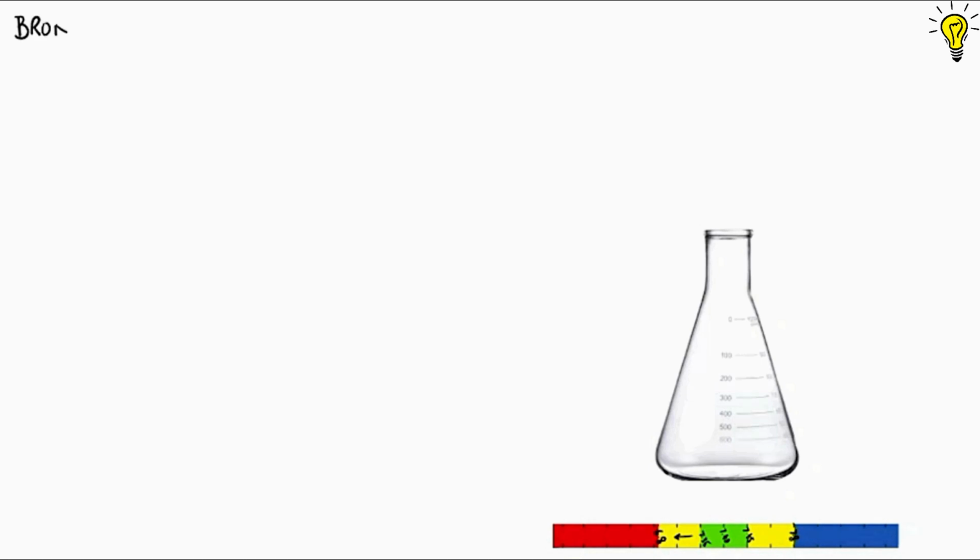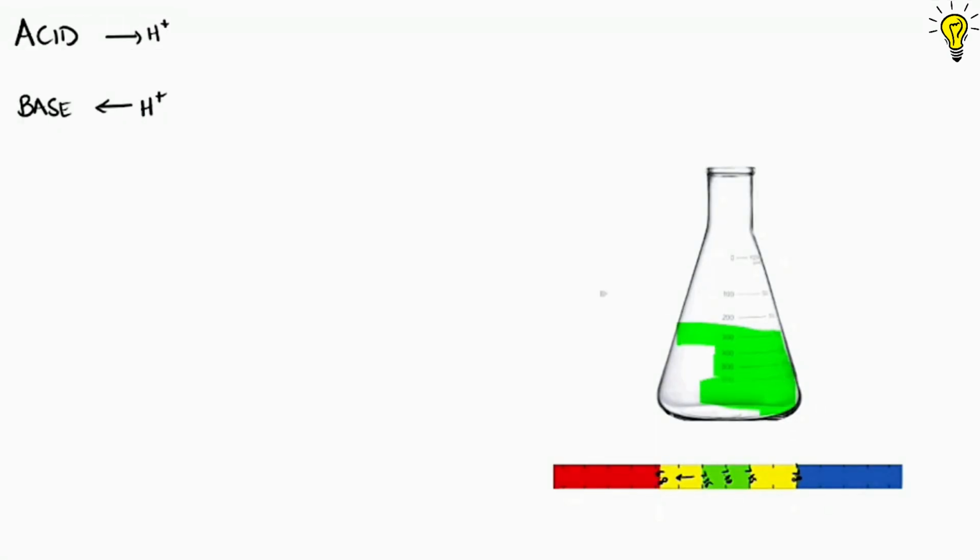The definition in traditional approach is based on Bronsted-Lowry elaborations that acid is any compound that gives off or donates hydrogen ion, whereas base is any compound that receives or accepts hydrogen ion. Now, throughout this lecture, I will mark red for acidity, green for neutral, and blue for alkaline. Suppose we have a flask full of green colored neutral pH fluid.